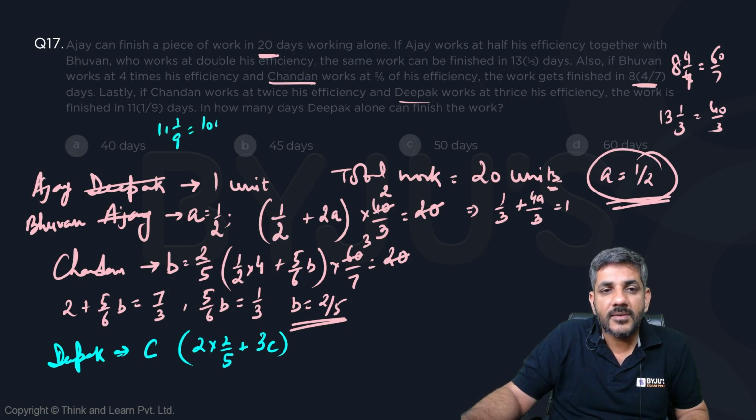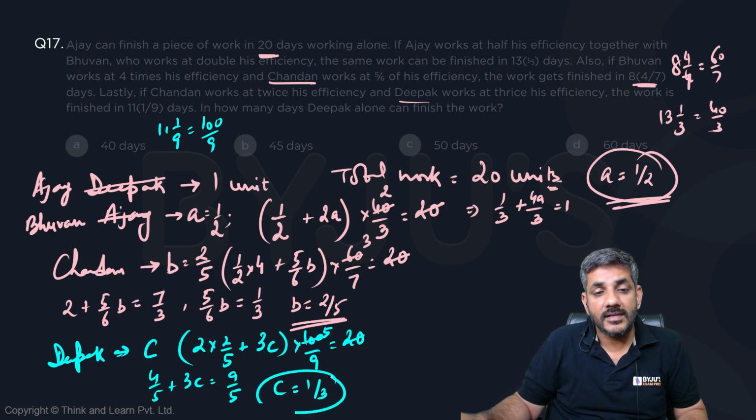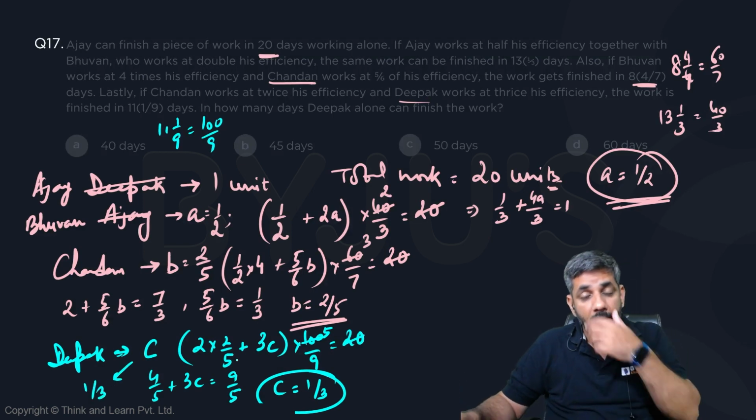What is 11 and 1 by 9? It is 100 by 9. So this whole into 100 by 9 is also equal to 20. 20 can cancel it out at 5. I get 4 by 5 plus 3C is equal to 9 by 5. So 3C is equal to 1, or C is equal to 1 by 3.